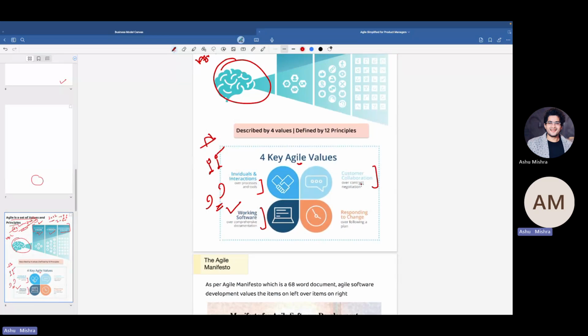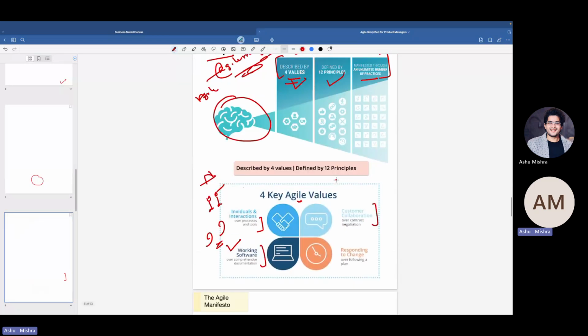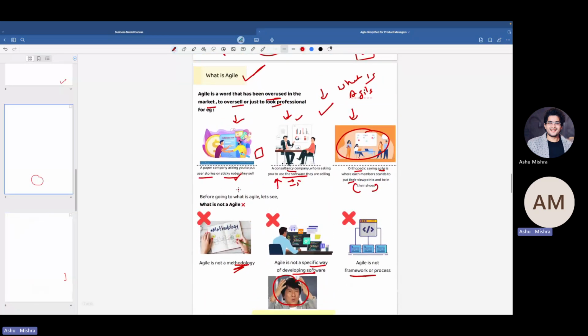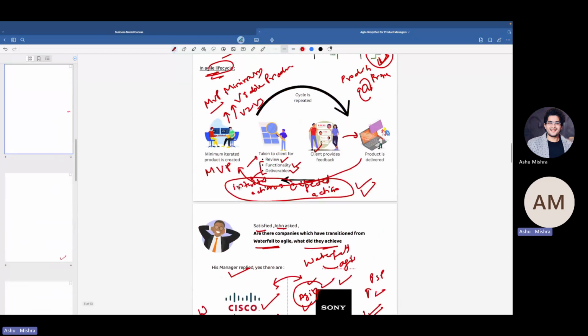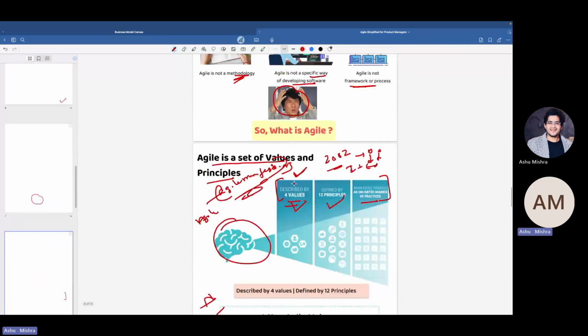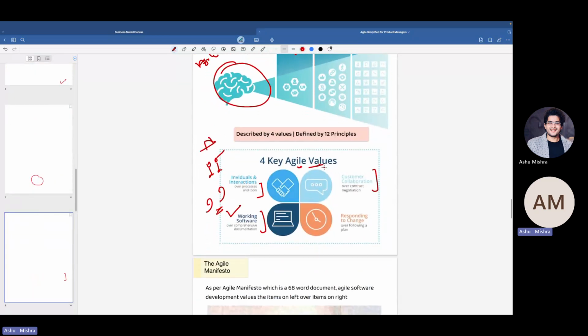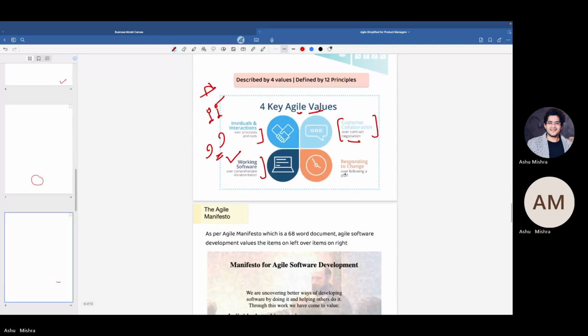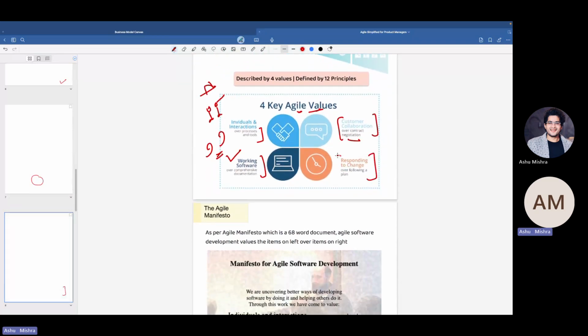Then third is customer collaboration over contract negotiation. We saw how an organization takes review from the client, on functionality, deliverables, etc. That is a value that Agile has imbibed: customer collaboration over contract negotiation. Fourth one, responding to change over following a plan.